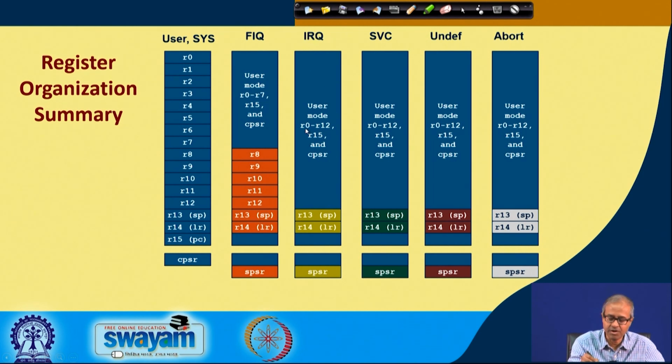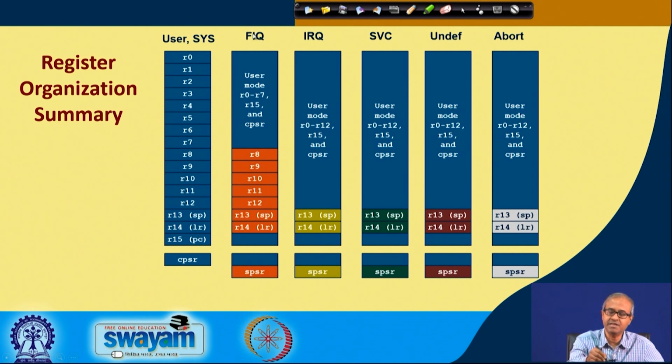And in IRQ, R0 to R12, the whole thing is there, only R13, R14 are specific to IRQ. SVC, undef, and abort also. So, this depends on which registers can be accessed when you are writing the interrupt handler.